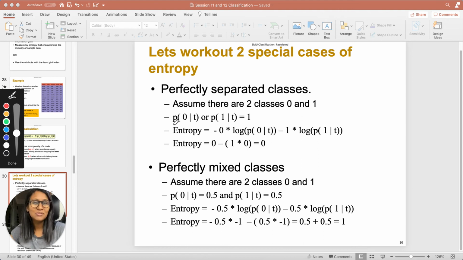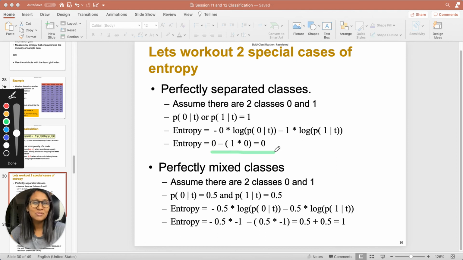Or if the node is completely all ones, then the proportion of ones in the node is going to be 1. Remember, Pjt is the proportion of class J in the node T. So in a perfectly separated class node, we have Pjt equal to 1. When you plug this into the formula of entropy, minus summation Pjt into log of Pjt, you will see that the value of entropy turns out to be 0.